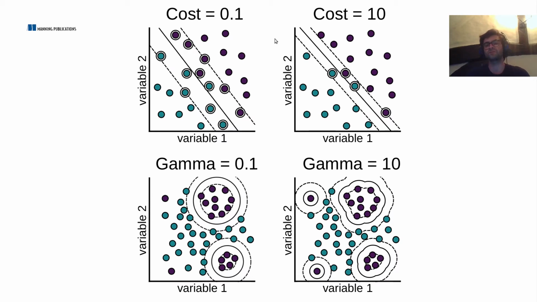The trade-off here is that if you set the cost very high, then the algorithm will jump through hoops to try and find a hyperplane that has as few cases in the margin as possible. This often results in a hyperplane that overfits the noise near the class boundaries you're trying to separate.